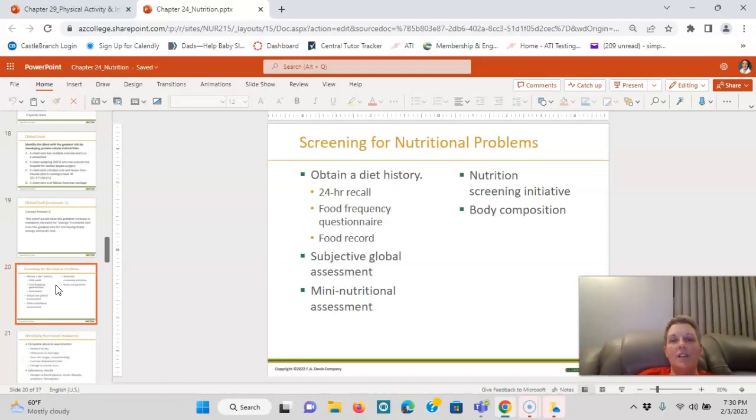Any one of these is perfect in case you were to see that somewhere in the near future. Any question about screening for nutritional problems is probably going to be the answer of a food diary, a 24-hour recall, a 2-day, a 3-day recall, right?